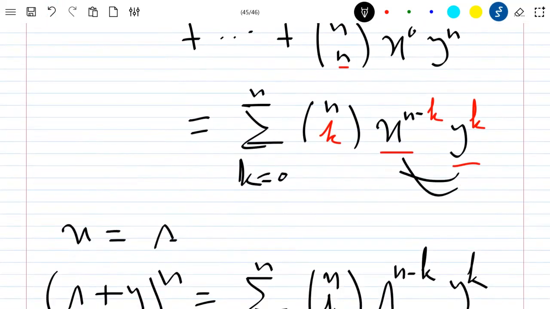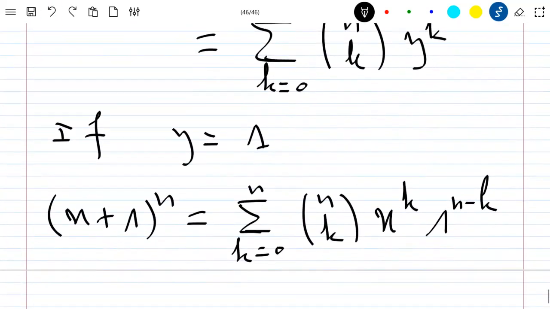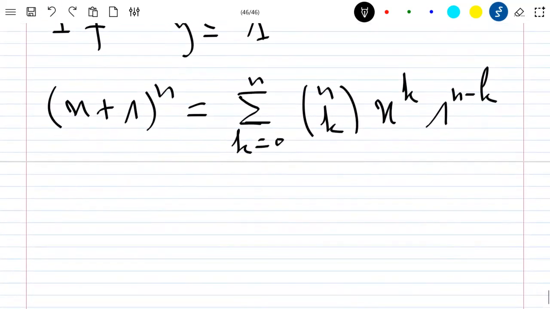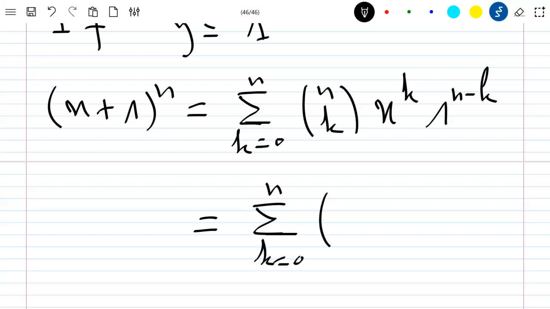We switch x and y here and we obtain here the summation k from 0 to n, n choose k of x power k, because here every number, 1 power everything is equal to 1.